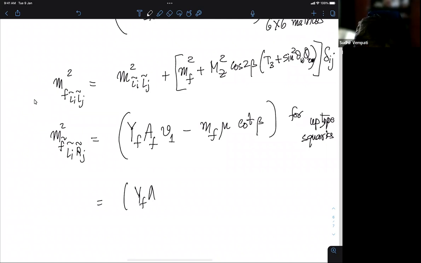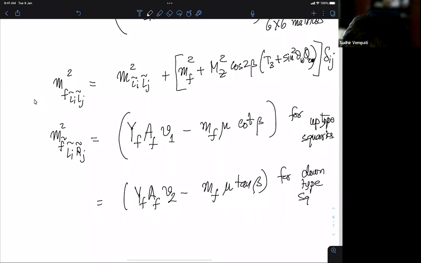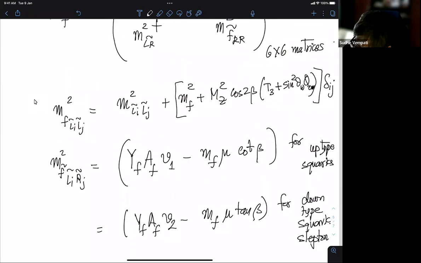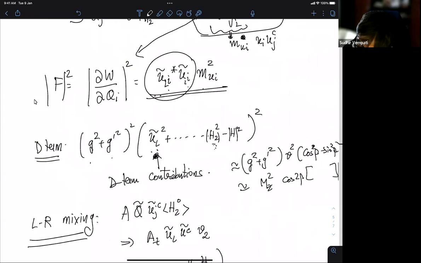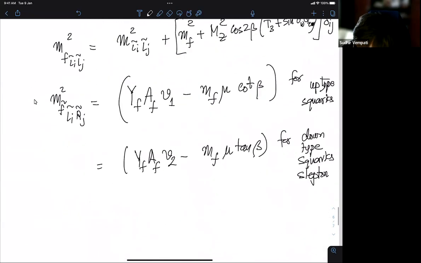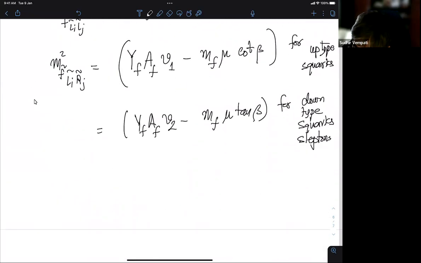Okay, now this will become YF AF V2 minus MF mu tan beta for down type squarks and charged leptons. So you keep hearing there's a large enhancement in the large tan beta limit.